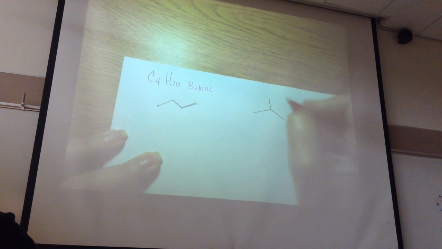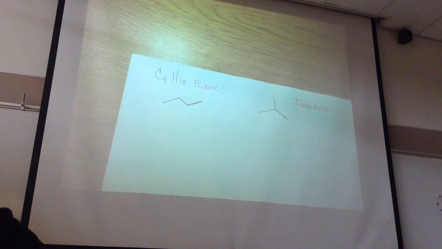and this one was isobutane. Does everybody remember this or no? That was lab last Monday. Okay. If you have butane, we said that butane had two sets of equivalent hydrogens.